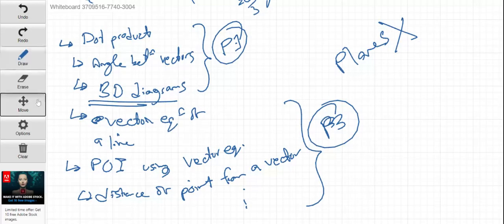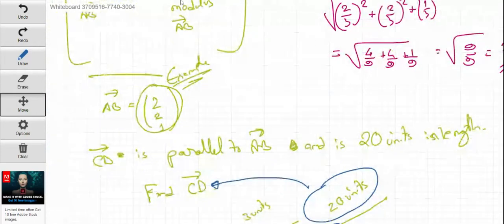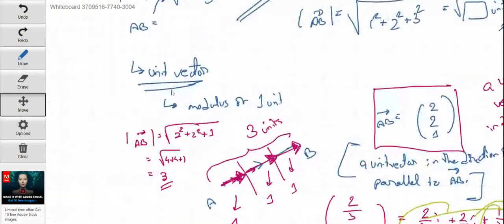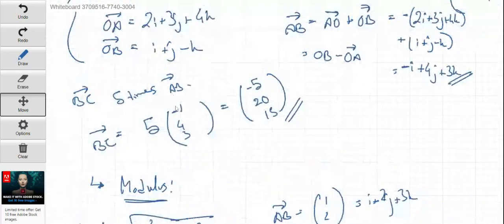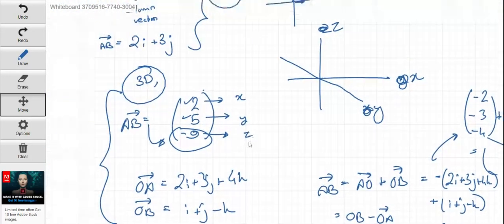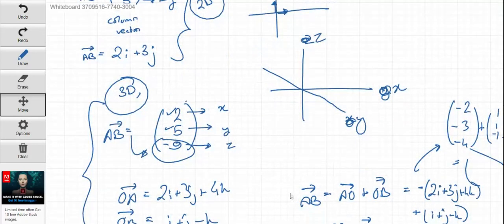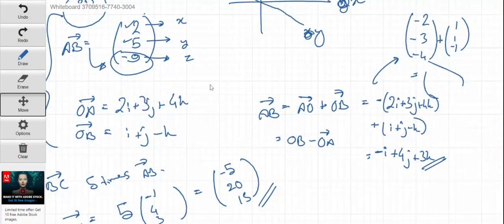The idea of this lecture was to give you a review of your additional math and Math D stuff, but more importantly, to give you an introduction to the third dimension. Very often students freak out by looking at the third number, the z axis, the z coordinate, the k component, and they get the idea that by adding this z axis or k component, there's going to be a massive change in how we deal with this stuff.